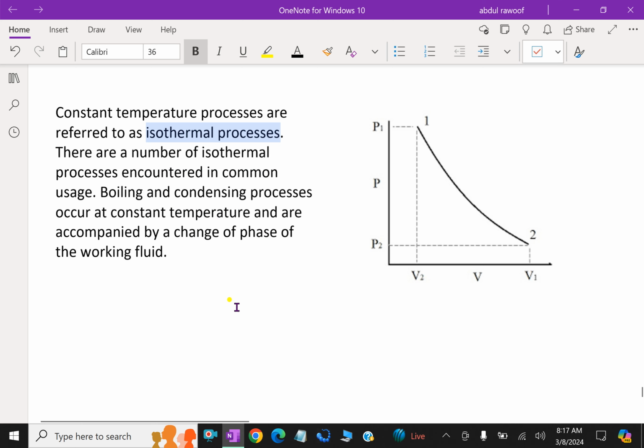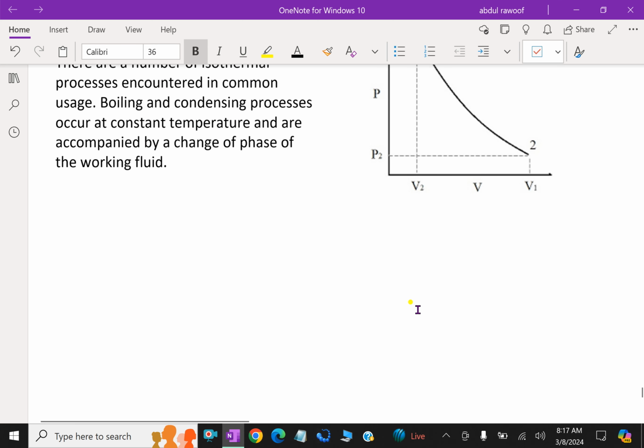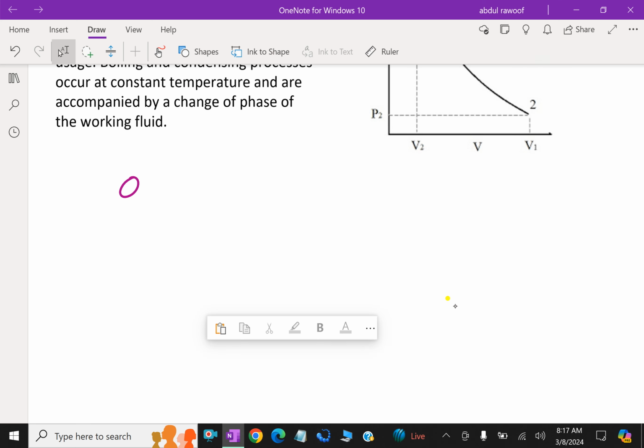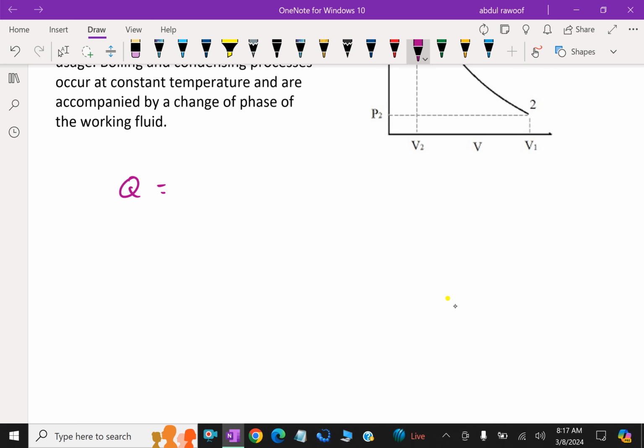Now we will discuss further about the formula. Considering the unit mass of working substance and applying the first law of thermodynamics, we can say Q, heat added, equals U2 minus U1 plus W, internal energy plus work done.